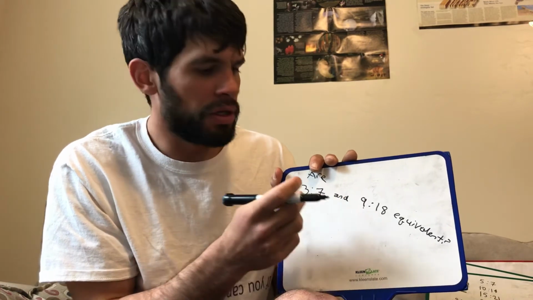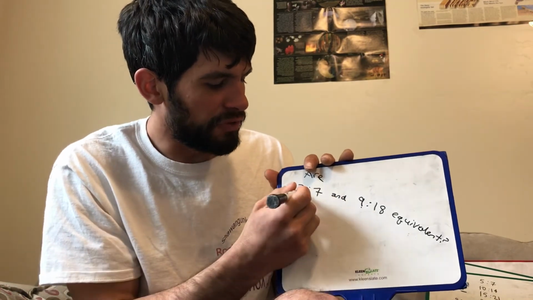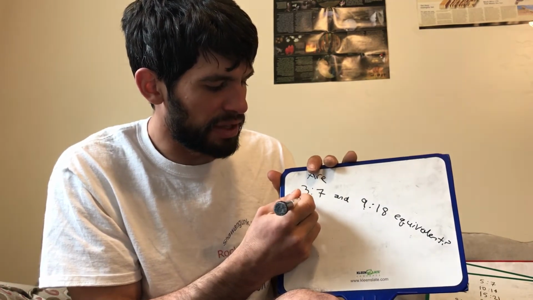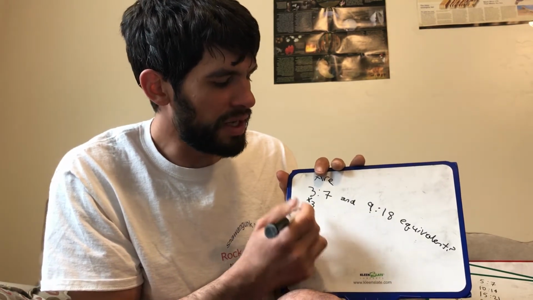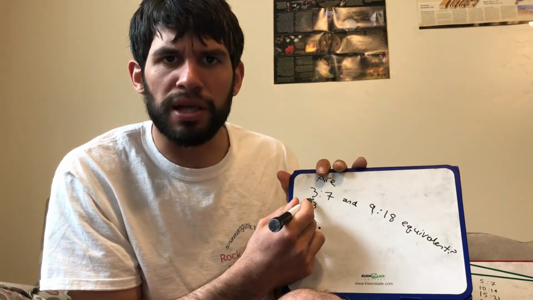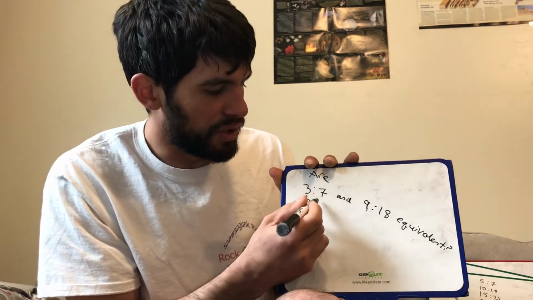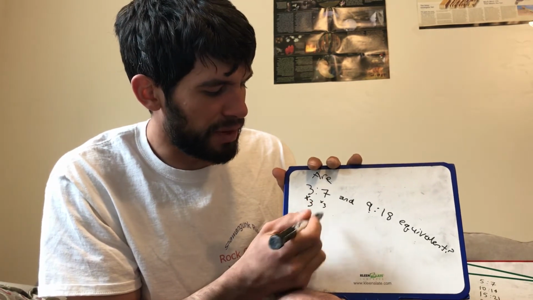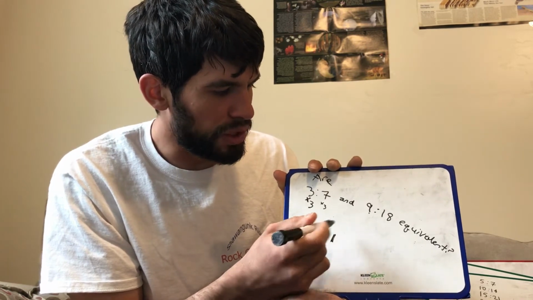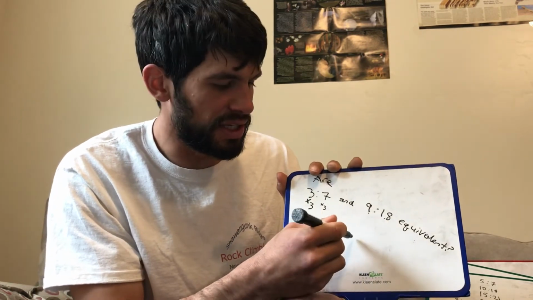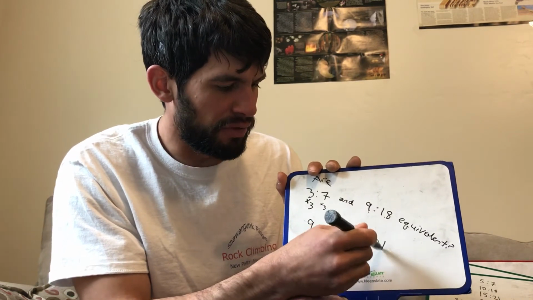To get 9 from 3, we need to multiply 3 by 3. If we multiply this number by 3, we also have to multiply the other number by 3, and we get 9 to 21. Since 21 is not equal to 18, these are not equivalent ratios.